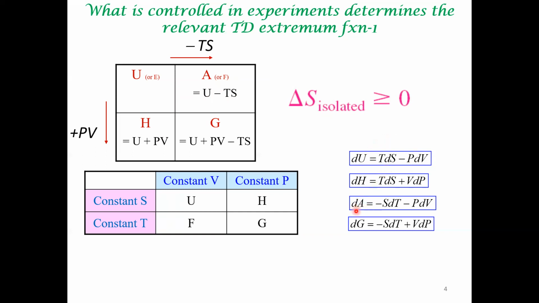When I do that, I will get dA is equal to minus SdT minus PdV. Likewise, I can have a form dG is equal to minus SdT plus VdP. To get dG, I substitute this formula in here. When I do dG is equal to dU plus all the other terms, I substitute this formula into this, I will get this thing.